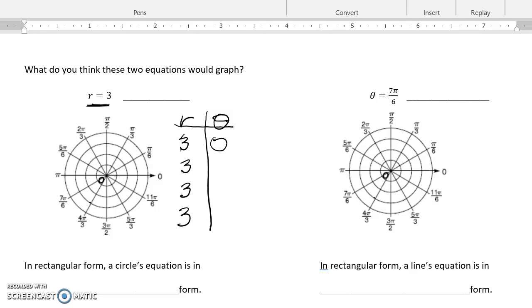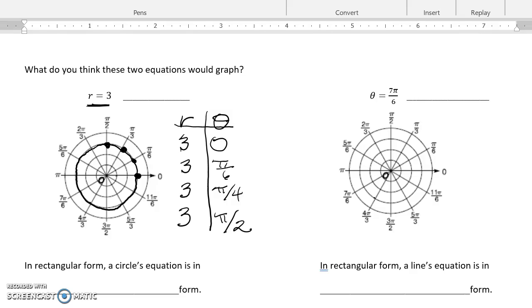Theta could be 0, pi over 6, pi over 4, pi over 2. So if I plotted those points: 3 for my radius, 0 for my theta; 3 for my radius, pi over 6 for theta; a radius of 3, pi over 3; a radius of 3, pi over 2. In other words, my radius is 3.